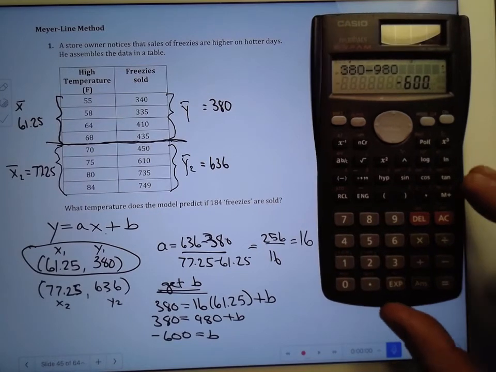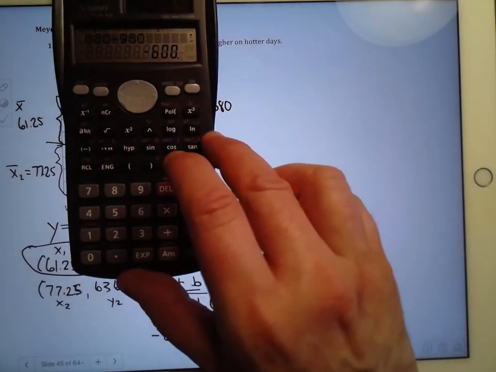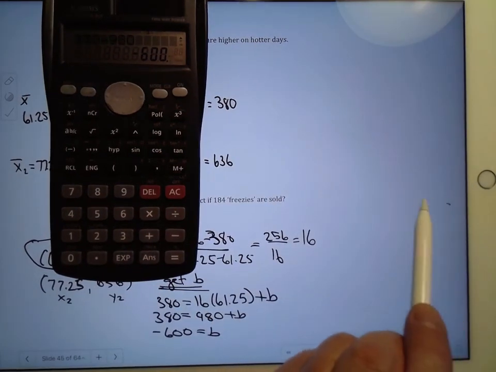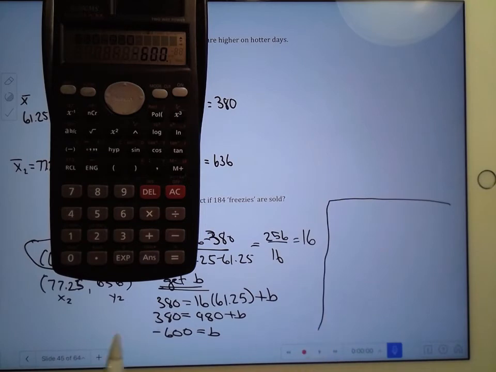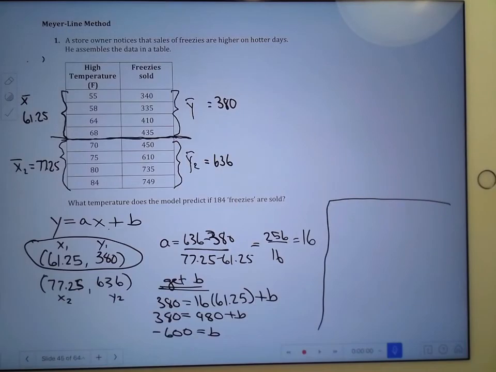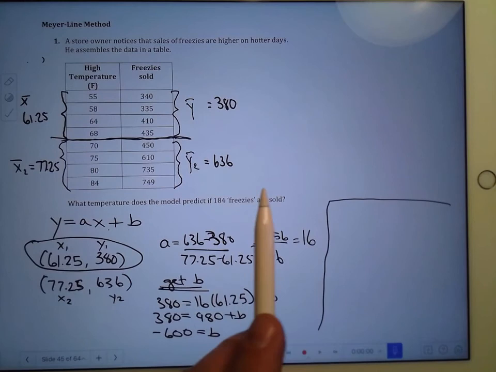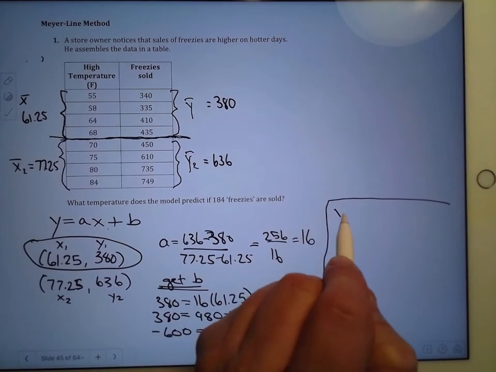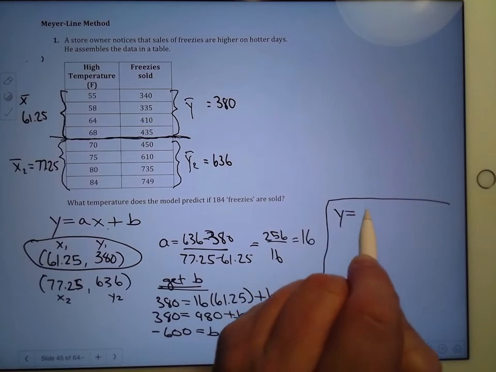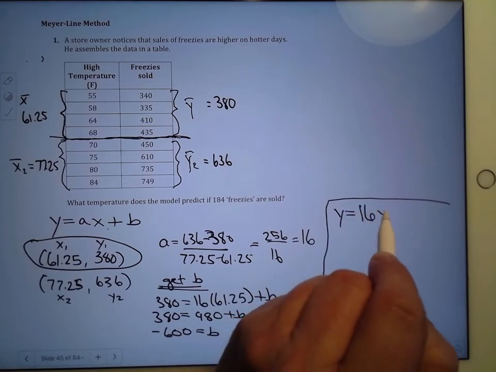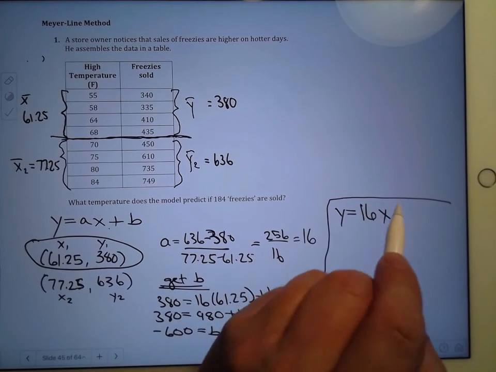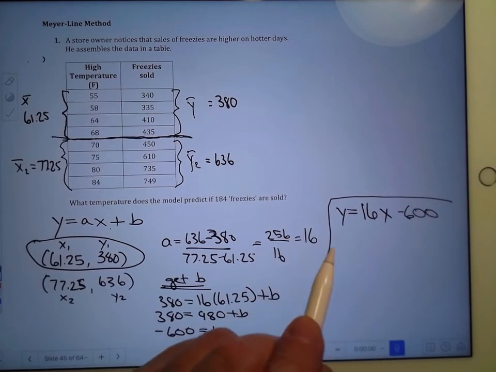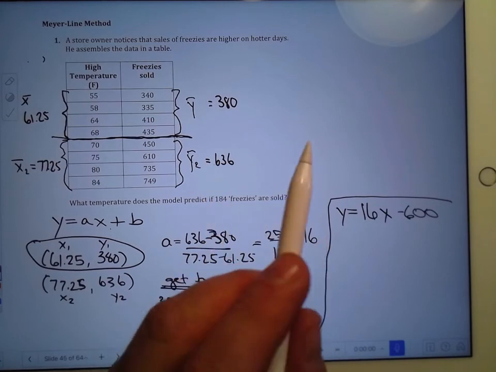And we'll use this part of the screen here to now answer the actual question. So the actual question is, I've got 184 freezies sold, so I know my y equals ax plus b. Y is equal to 16x minus 600. And we know that the number of freezies sold is 184. That's a y.